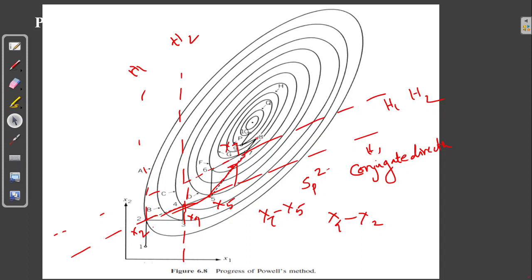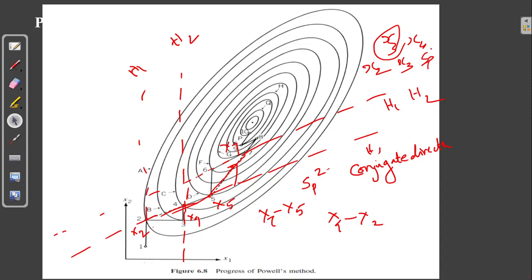Now from 8, if we have another coordinate direction like x3 or x4, like x3 for example, then you have to discard x2, choose this x3 and the previous conjugate directions.